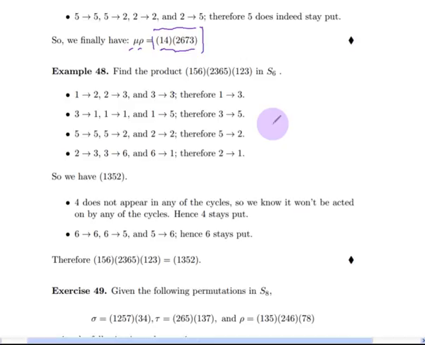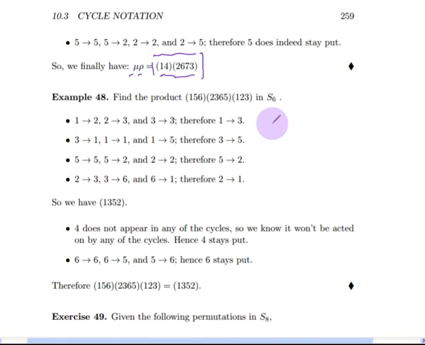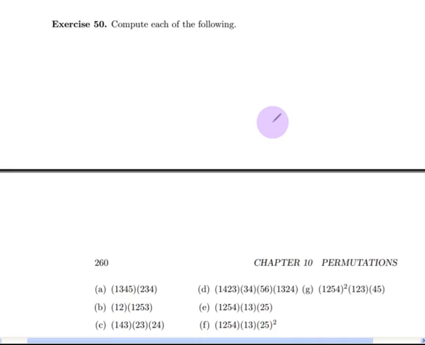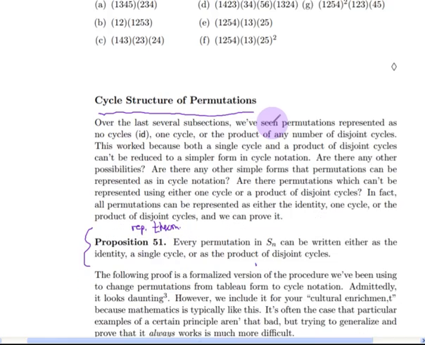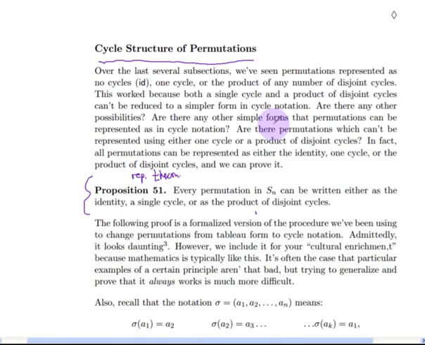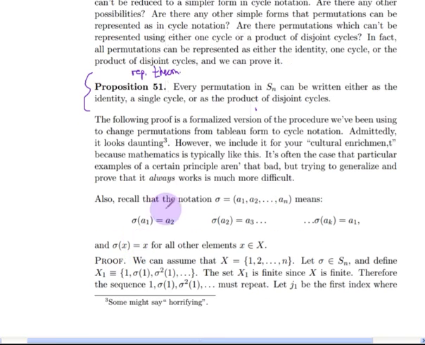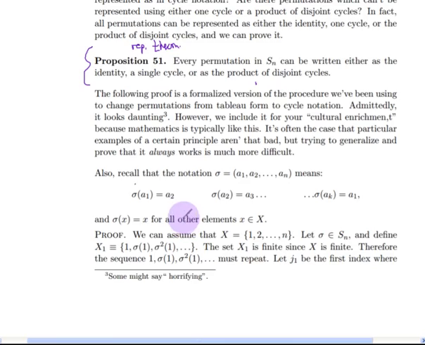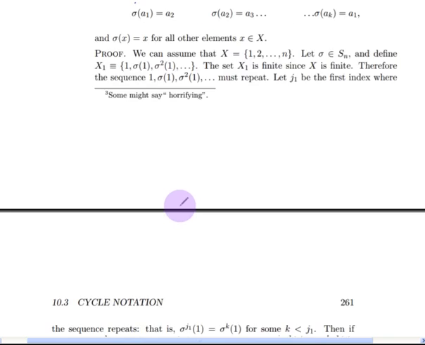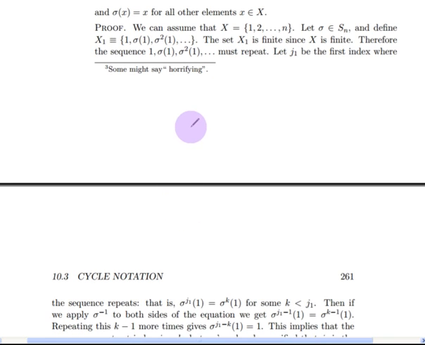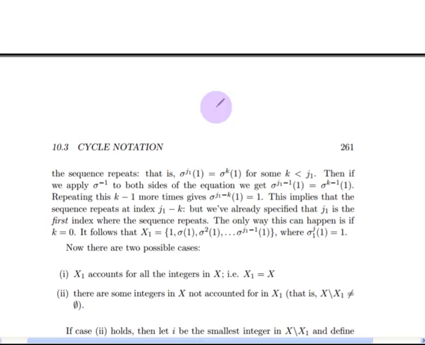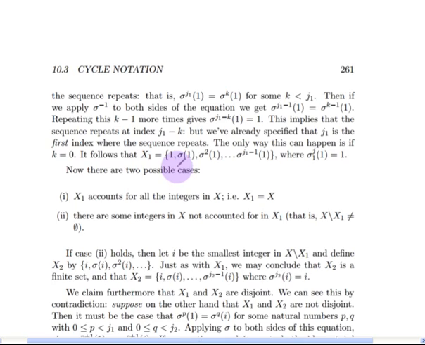When you do a tableau, you know how to use it to get the cycles of the permutation. This proposition simply formalizes this procedure of taking the tableau, chasing where the element goes, and eventually the element must end up back where it starts. I'm not going to go through this in detail, but that's the idea of this proof.